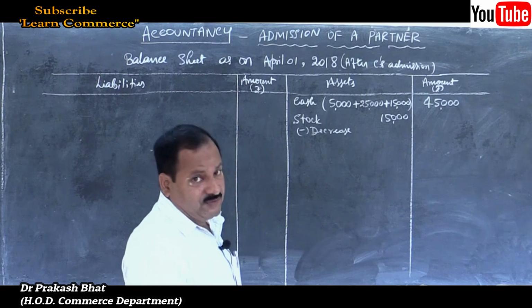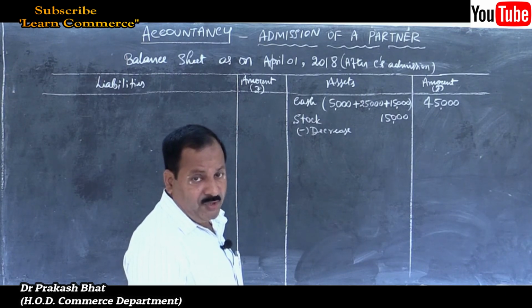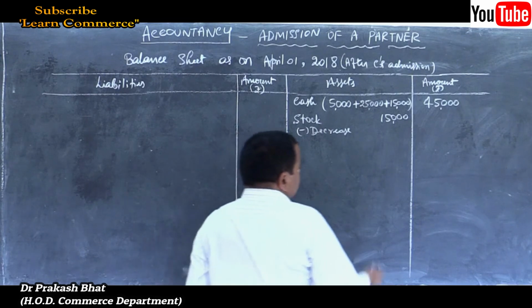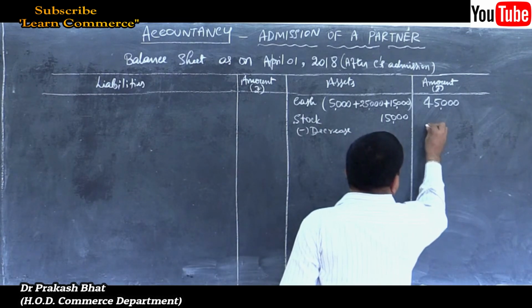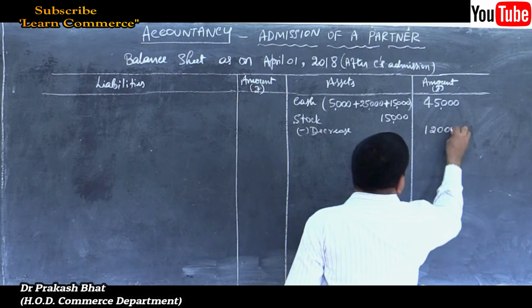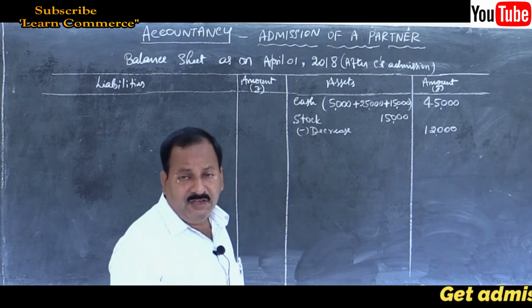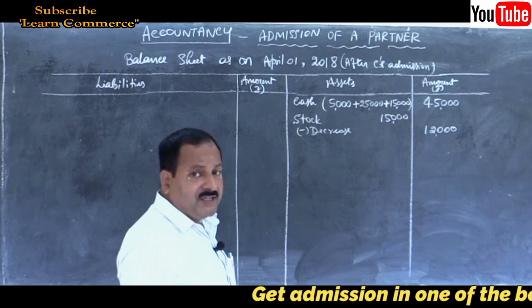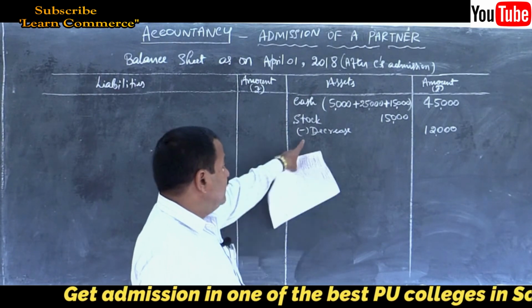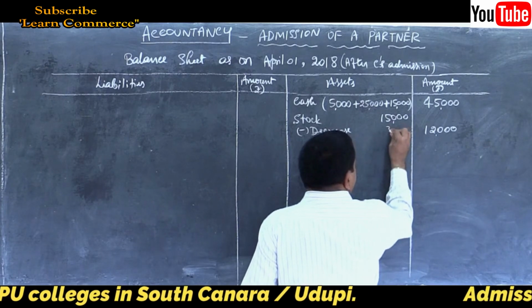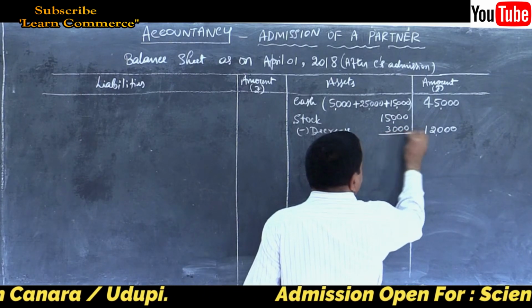Whenever new value is given, write the new value in the outer column first. So they told 12,000. Stock value is revalued at rupees 12,000. Write it in outer column. Now see whether it is increase or decrease. There is a decrease. So minus decrease. How much? See the difference. 3,000. Right here. That's all. Done.